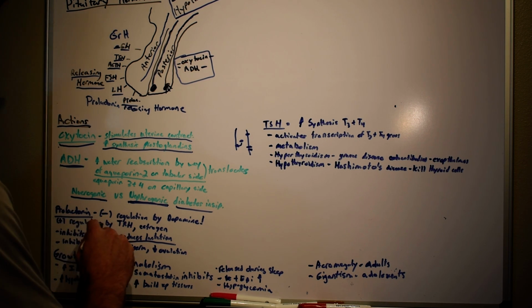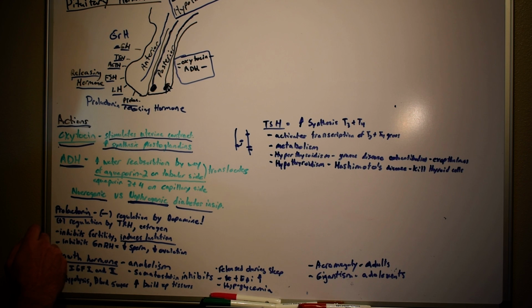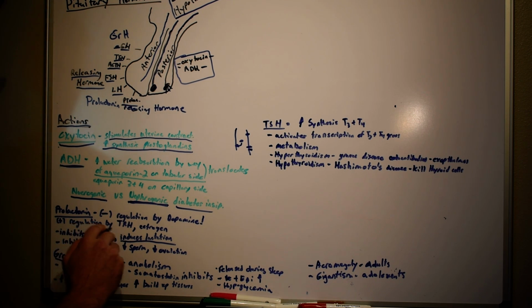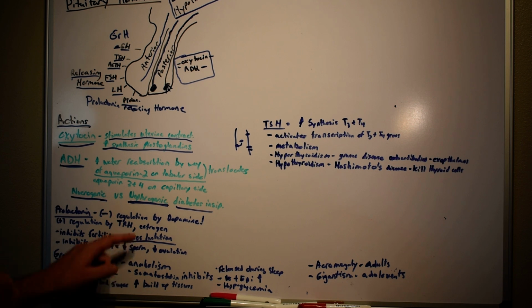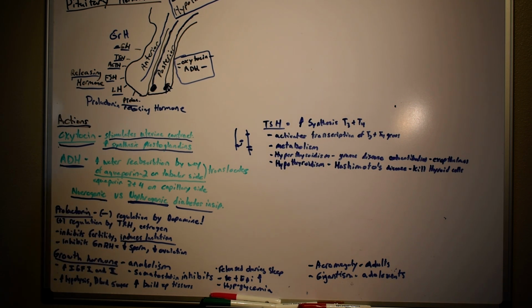So this is under negative regulation by dopamine. It's under positive regulation by thyroid releasing hormone, or TRH, and it's under positive regulation by estrogen. So high levels of estrogen are going to induce secretion of this prolactin, okay? And if we increase the level of prolactin, we're going to inhibit gonadotropin releasing hormone.